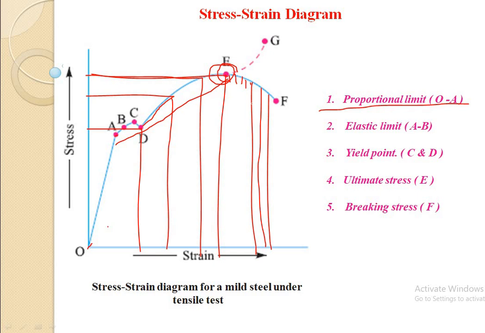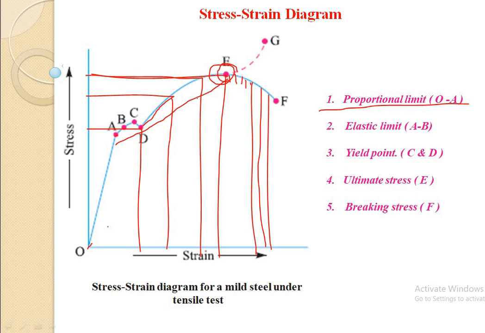We know that when we are pulling a mild steel rod by applying a tensile load, at some stage, when it comes to break, there is a formation of a neck. At neck formation, the cross-sectional area is the minimum cross-sectional area.